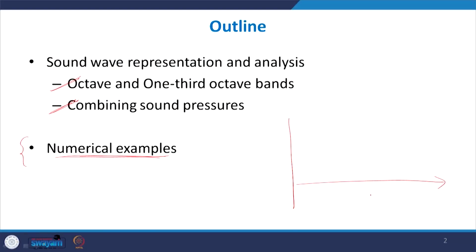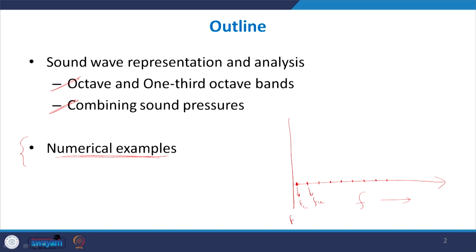Usually a spectrum is calculated by dividing the frequency scale into certain bands. If we have a continuous frequency scale like this, it is cut into such bands, and each band is characterized by some upper frequency and some lower frequency.